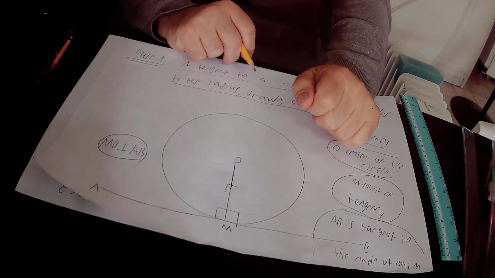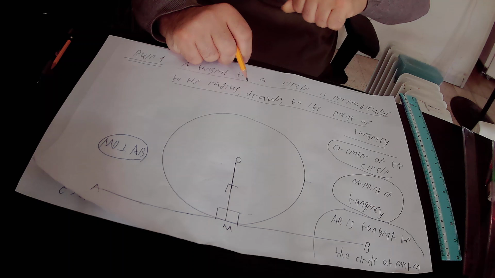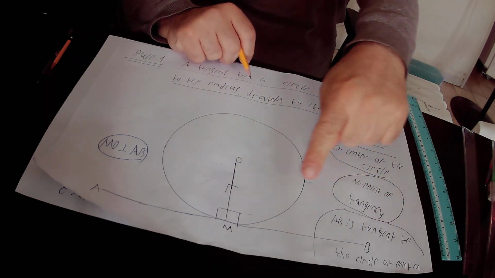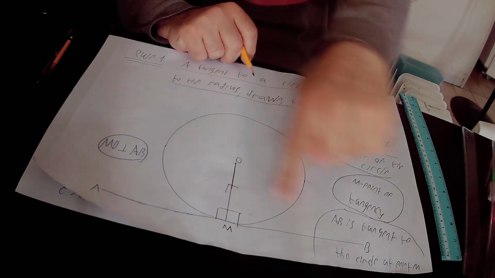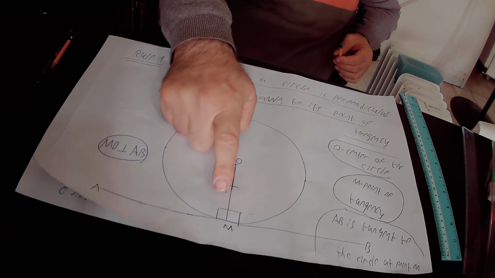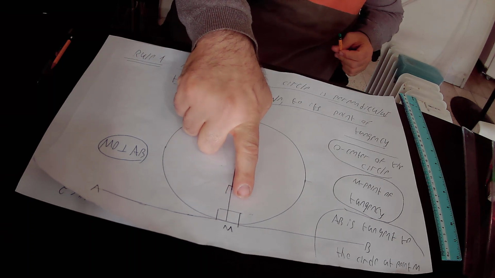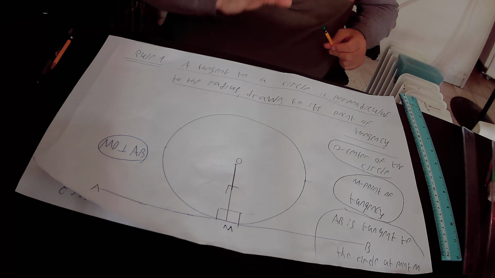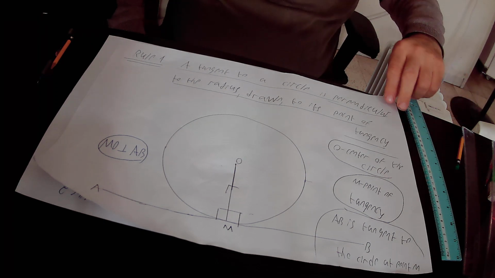Whenever you have a radius drawn to the point of tangency, then tangent AB will be perpendicular to the radius MO. If AB is perpendicular to MO, it means that this angle equals 90 degrees, this angle also equals 90 degrees, according to rule 1.